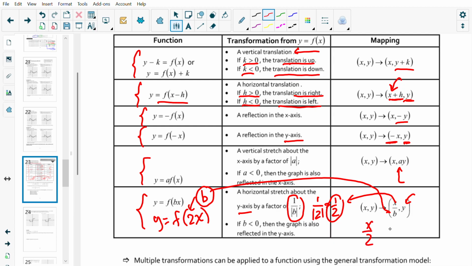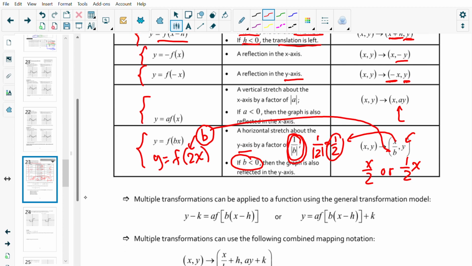So x over b is x over 2, or the factor times x, they're equivalent. So there's two ways to do this when you look at the mapping notation. Just remember, the b value that you see in the equation is not the factor of the stretch. You have to apply this little rule here. Also, if b is less than 0, then the graph is also reflected in the y-axis.